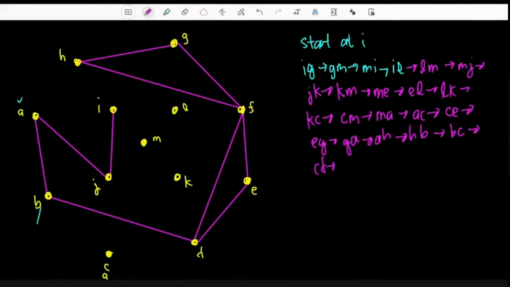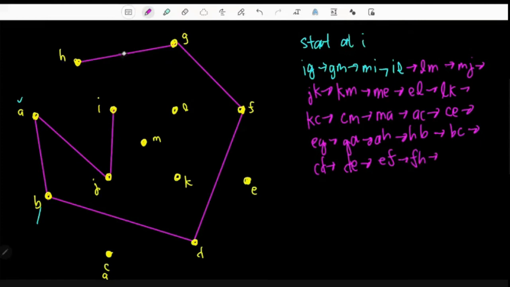From D, I cannot choose B because BD is a bridge. So let me go to DE, EF. I cannot use D because that's a bridge. So let me choose FH and then HG. And then this time I'll just trace the rest and follow the remaining trail.